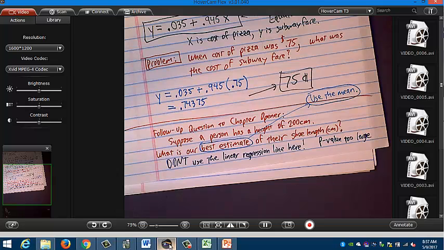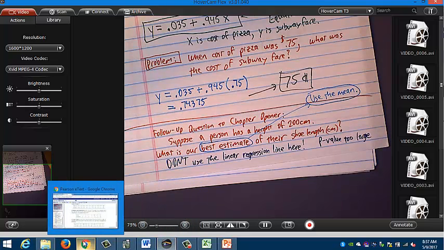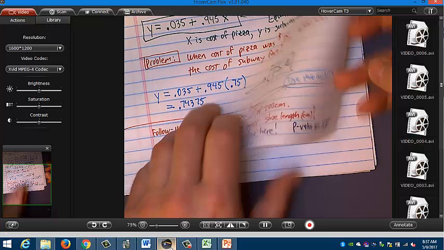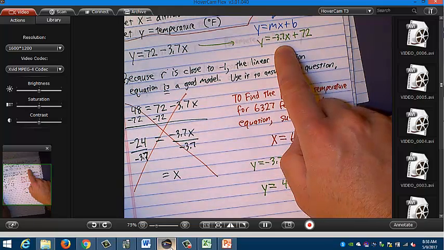Like, suppose I asked in this problem, look at this data. What would the temperature be at 90,000 feet? I'll tell you what. It would be dangerous to plug 90 in for x into that equation. Why would it be dangerous?